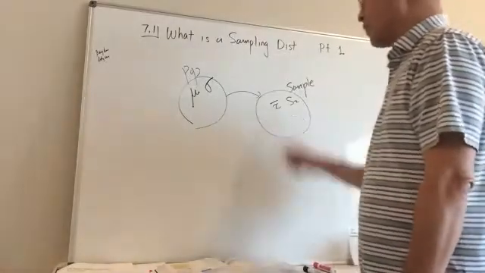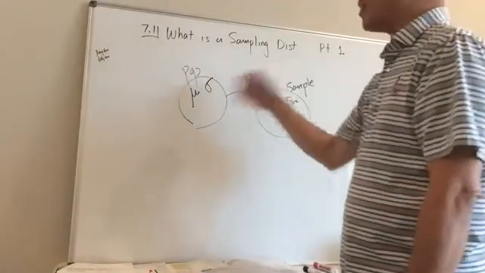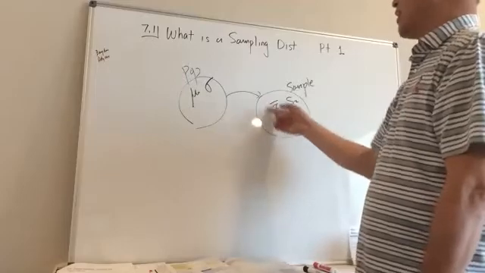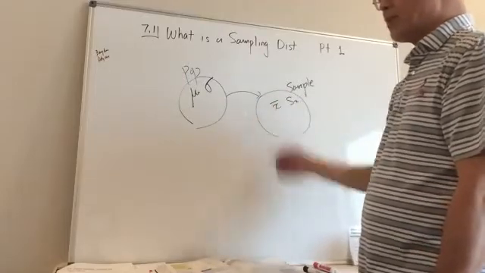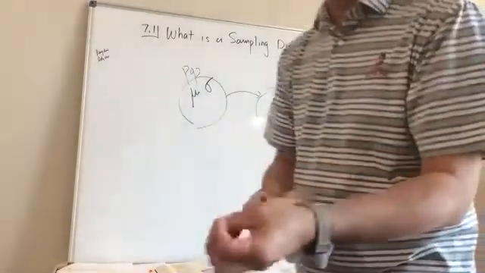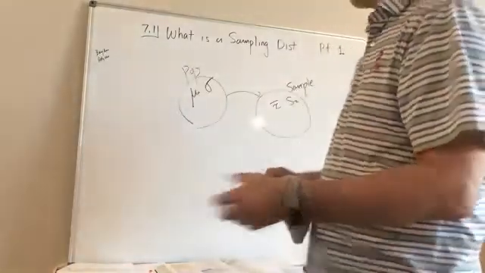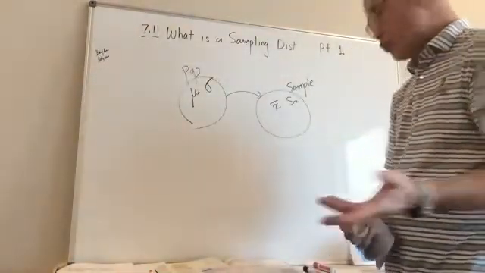Then I can take many, many samples and get many, many sample means. So the distribution of those sample means would be the sampling distribution, okay?